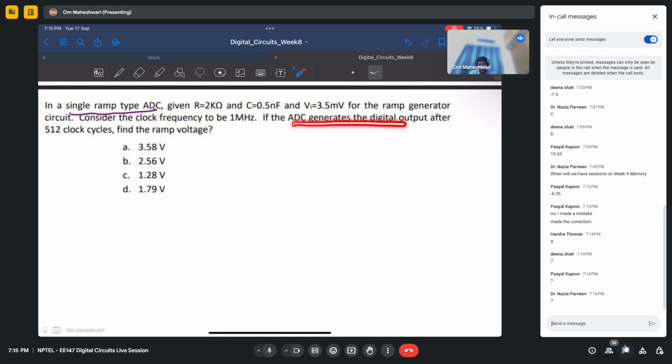If ADC generates the digital output after 512 clocks, find the ramp voltage. I will not get into details of how the ramp ADC works, but what you should know for this question is the ramp voltage VR is slope into number of clock cycles into time period of clock.